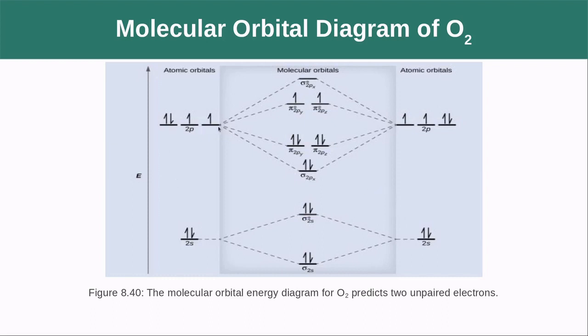If we go up to our 2p atomic orbitals, when they combine, they form 3 bonding orbitals, the sigma 2px and the pi 2py and the pi 2pz. We're going to fill all of these up, giving us a bond order of 3. But then we still have 2 electrons that we have to put into these antibonding orbitals using the Aufbau principle. We'll put 1 in each one, and that's going to reduce our bond order down to 2, giving us the double bond that we would expect oxygen to have.